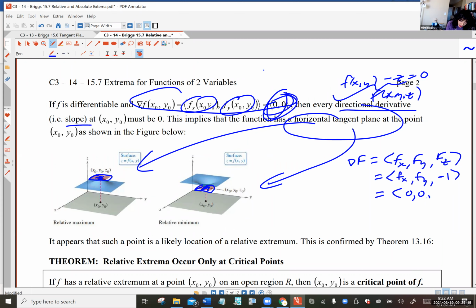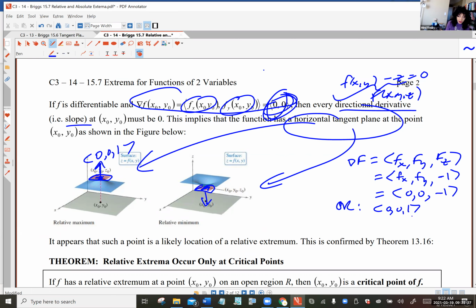But if these two guys are 0, then your normal vector will either be (0, 0, -1), and that means it's pointing strictly downward, or it would be (0, 0, 1), which would mean it's punching upward. So either way, it's going to be a vertical vector.